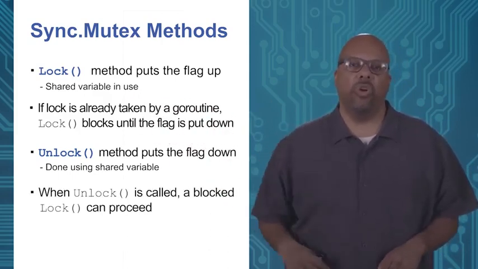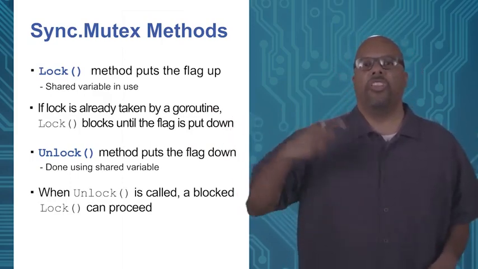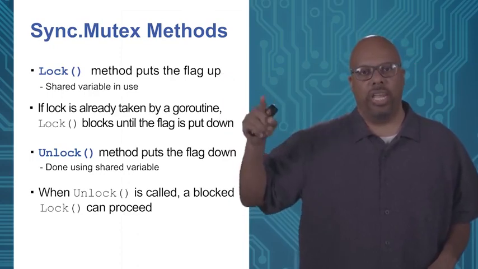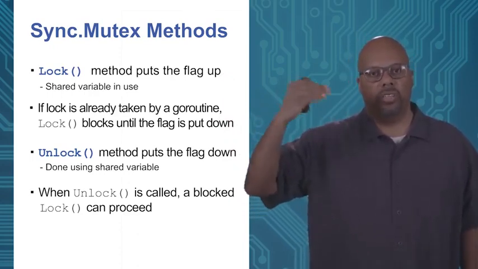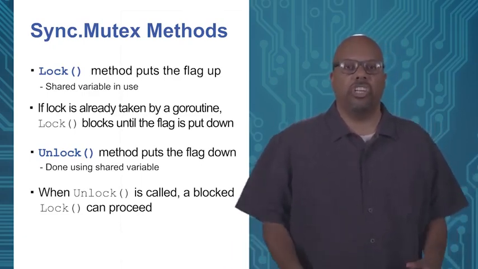So if there were 9 goroutines that called Lock and are now blocked, as soon as Unlock is called, the first one in the waiting list will be allowed to continue. It'll stop blocking, and it'll access the shared variable.